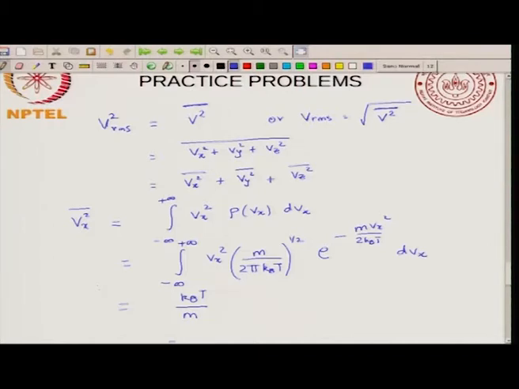And you can similarly show that this is equal to the average of Vy square, and this is equal to the average of Vz square. This part takes a little bit of work to show, but it is not very difficult.